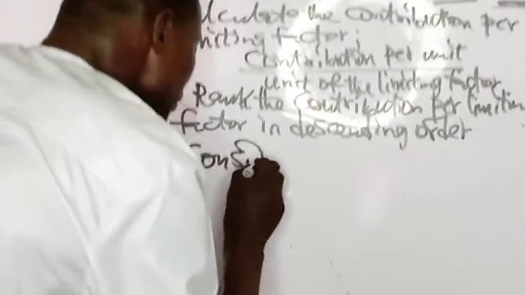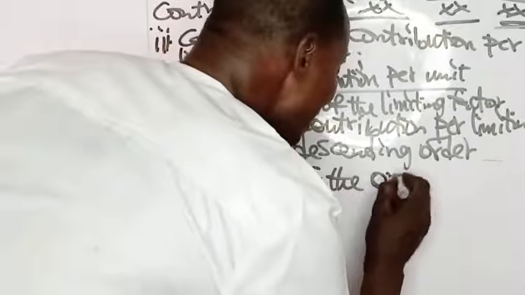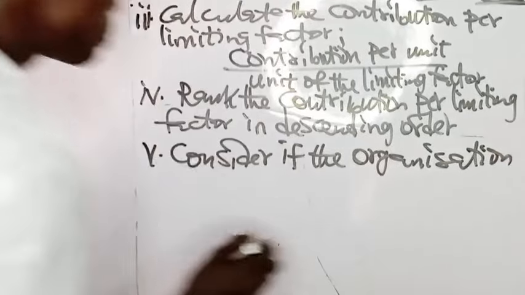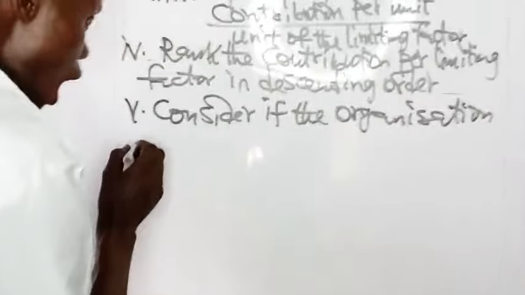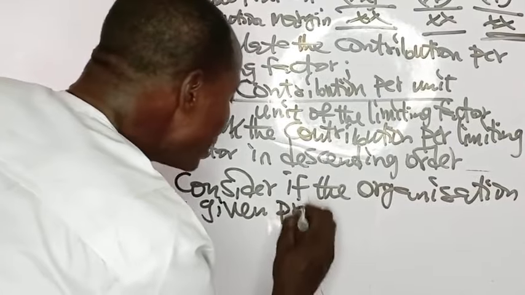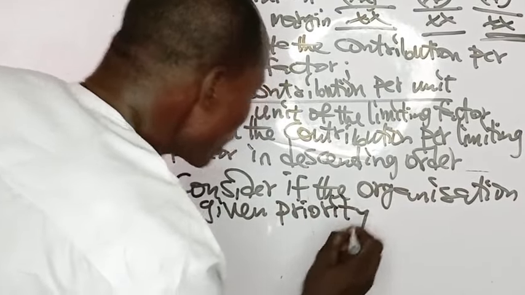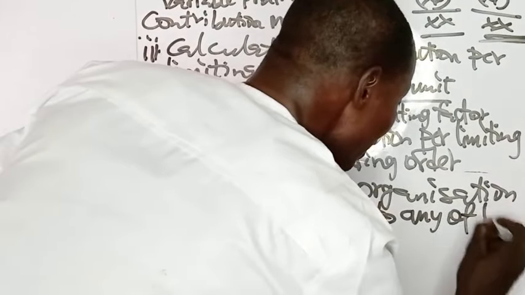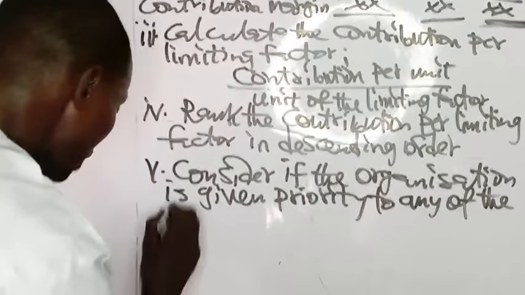Step 5, consider if the organization is prioritizing any of the products or has given priority to any of the products.